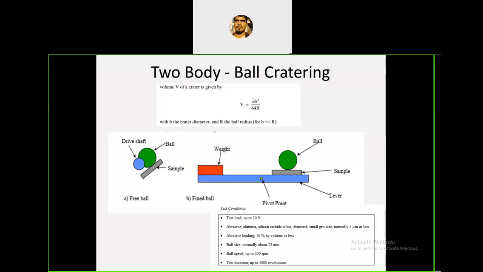With the help of this equation we can easily find out the volume of this crater. And these are the standard testing conditions: the testing load up to 20 newtons, maximum 20 newtons only, not more than that. Abrasives we can use are alumina, silicon carbide, diamond, etc. Abrasive loading is 10% by volume, maximum ball size is 25 mm, and the ball speed is 200 rpm.